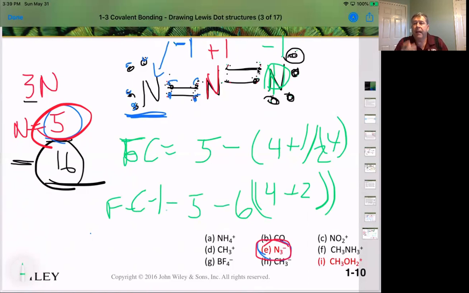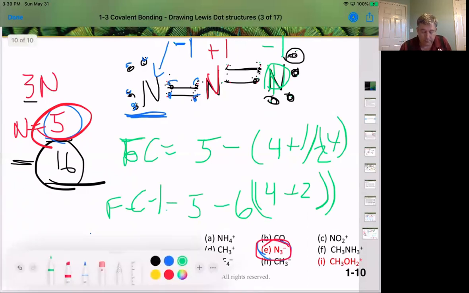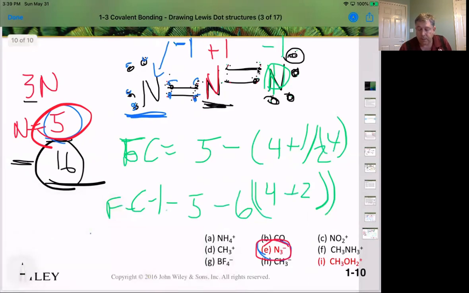How can that be? The formal charge of the center nitrogen here is plus 1. So a plus 1 and a minus 1 equals 0, but then we have another minus 1. So the net charge on the entire molecule is minus 1. Hey, wait a minute, it is minus 1. The molecule as a whole has a charge of minus 1.